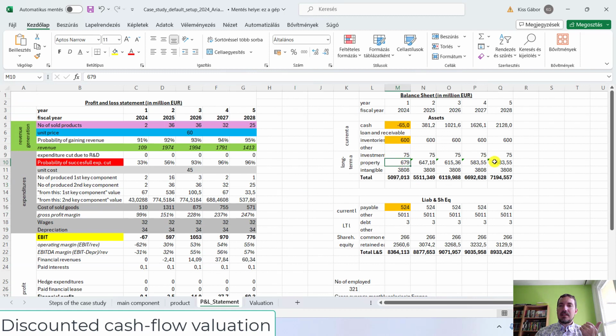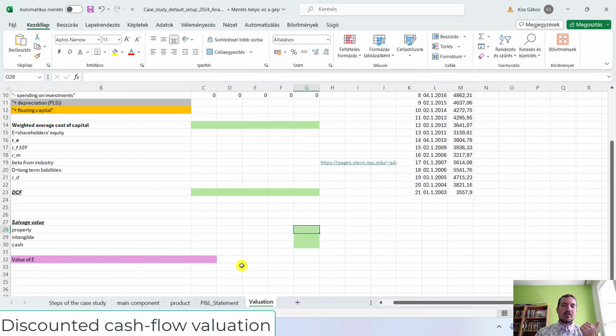We can see it's constantly depreciating, but if we have to sell or liquidate all the assets of the company, then the property will be sold. Then intangibles: patents, know-how, trademarks, software.